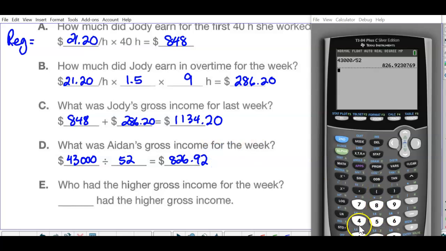If you were to use 50 instead, you would still get less than Jody's. You get 860. Who had the higher gross income for the week? That would be Jody.